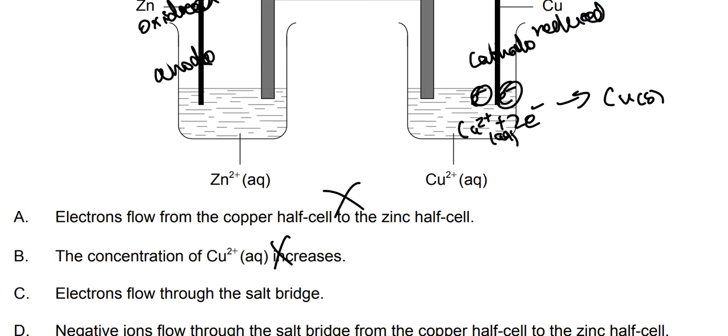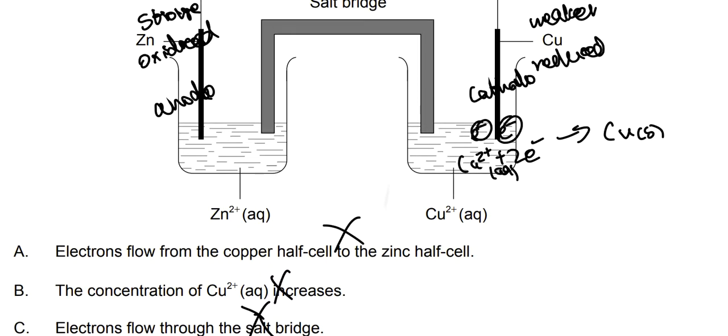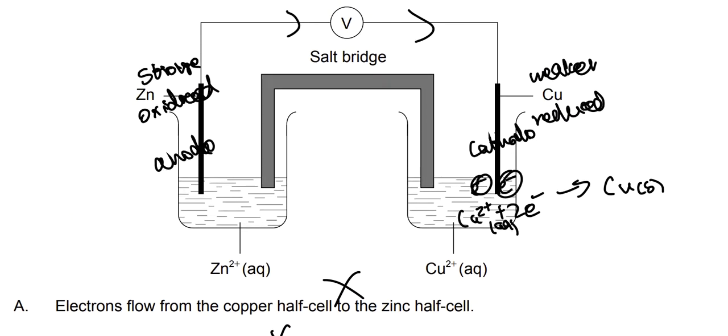Electrons flow through the salt bridge. That's plainly not true. The salt bridge has ions that move to neutralize changes in charge. Since the copper 2 plus ion concentration is going to decrease, we're going to have the cations move here to counteract the decrease of positive charges.